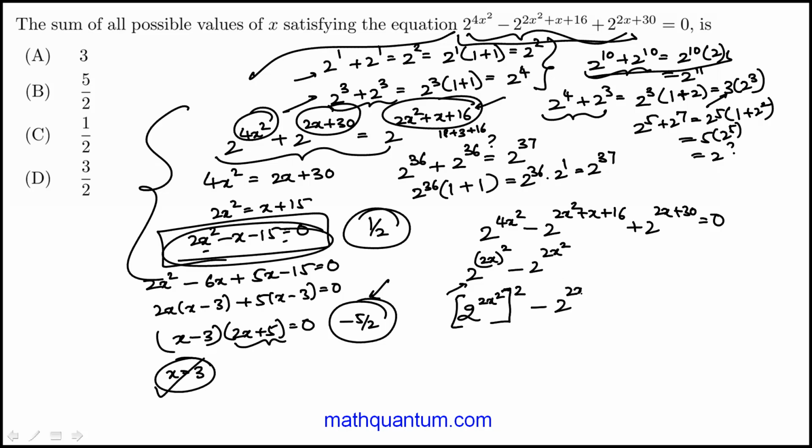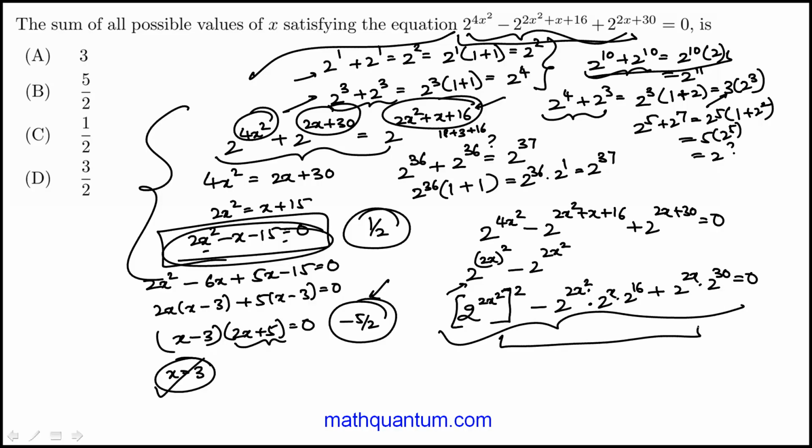And then I split this out, 2 to the 16, and then 2 to the x, 2x, and 2 to the 30. And I was thinking at this stage, I'd be able to factor something out and maybe have a simpler quadratic inside to deal with. I wasn't able to do that, meaning I just got stuck in this loop.